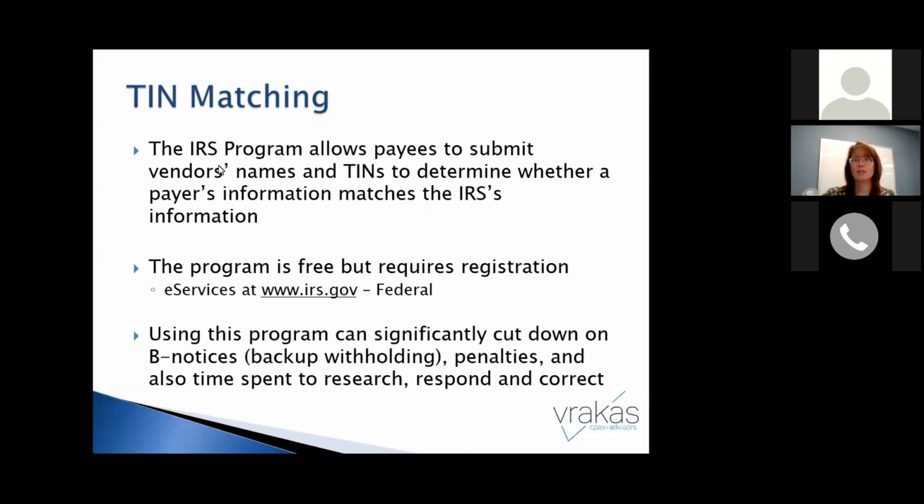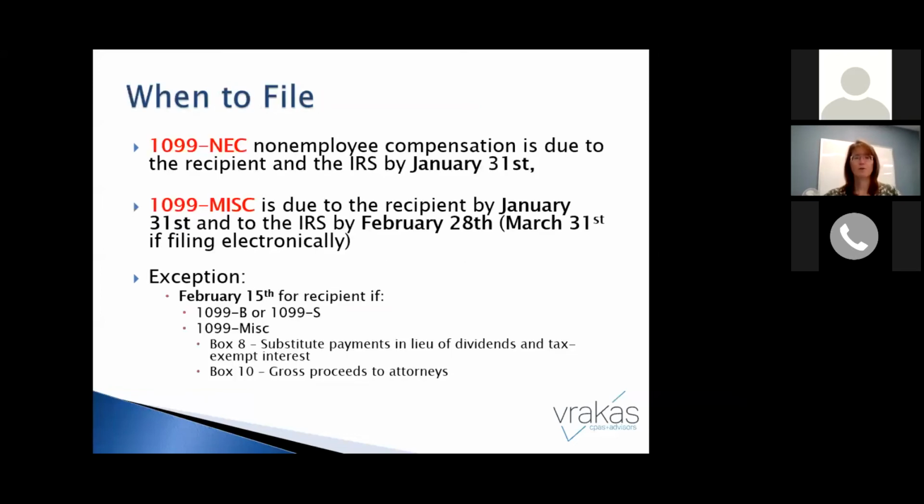Just go to the IRS and put TIN matching in the search engine, and it should come up. It's a registration process, and it then gives you the information. As long as you put in a social security or an EIN number and a name, it will tell you if it matches or not. It will not give you the EIN number, but it will tell you if it matches.